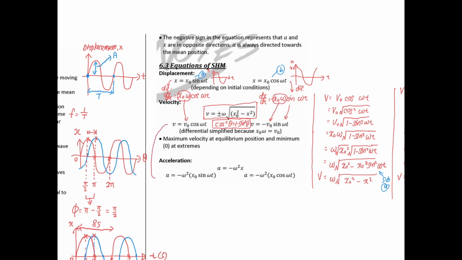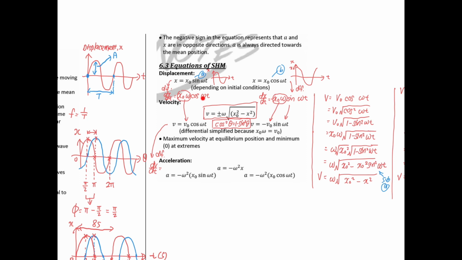Then we get dv/dt equal to, now let's say I don't want to use v naught. I use x naught omega as my constant in front. So the x naught omega will remain, and then differentiate cos omega t.